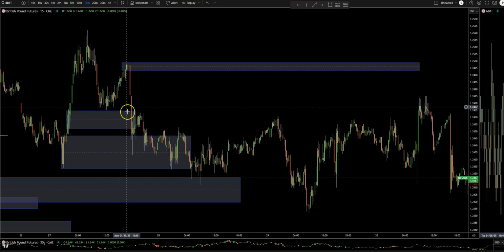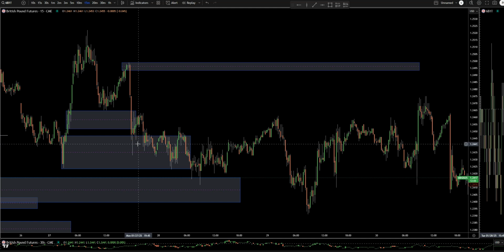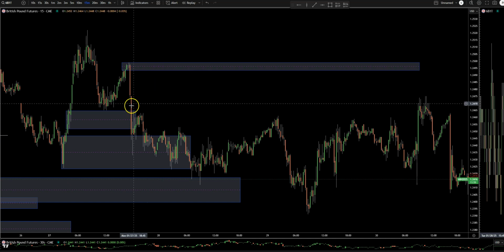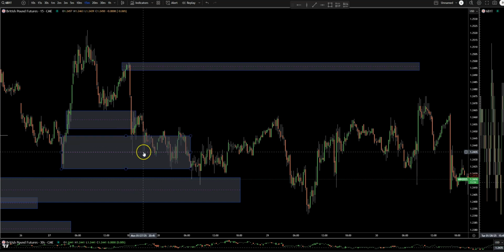You want this move to be strong. And the reason for that is when we do our entries, we are trying to buy or sell. So in this case would be a sale back down toward these lows to maximize our risk reward.